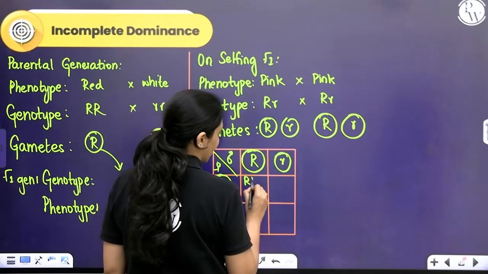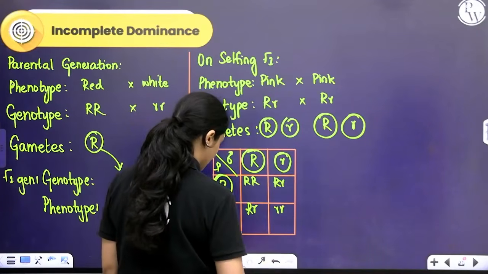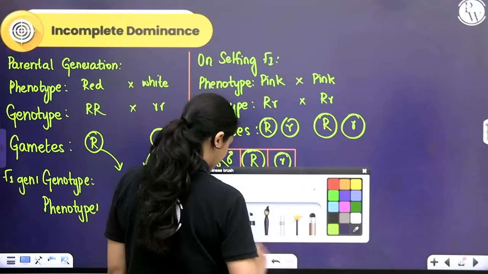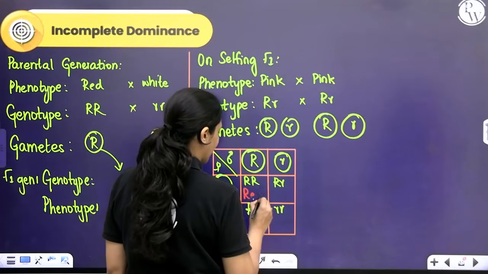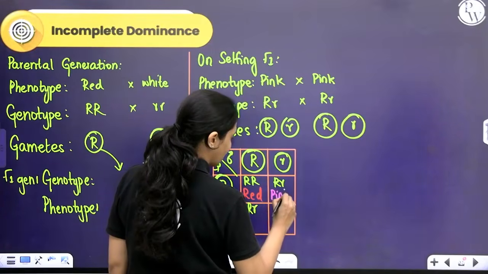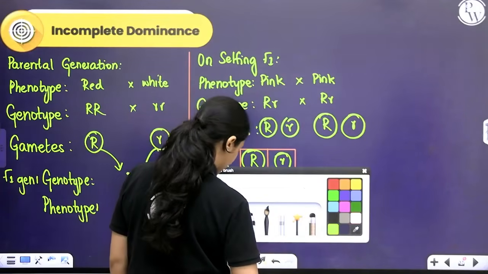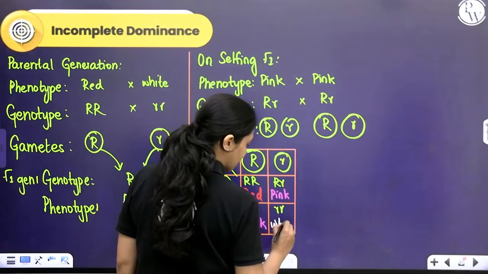So capital R capital R, capital R lowercase r heterozygous, lowercase r lowercase r homozygous recessive. And here, this will be red, these two will be pink, and this one will be white.